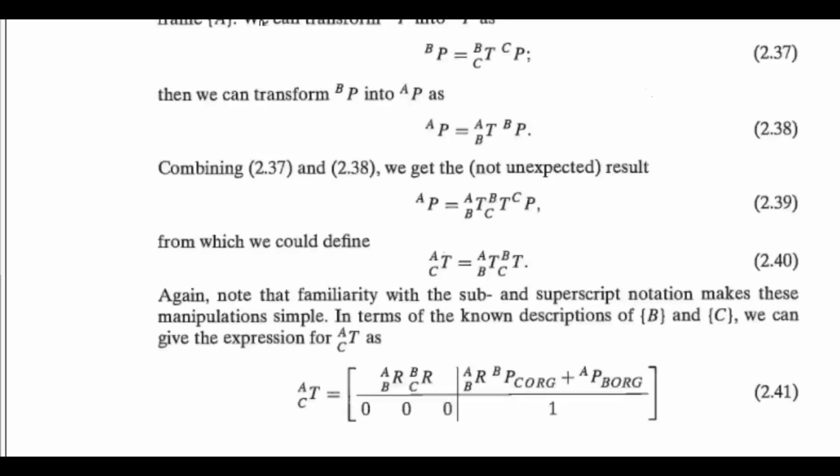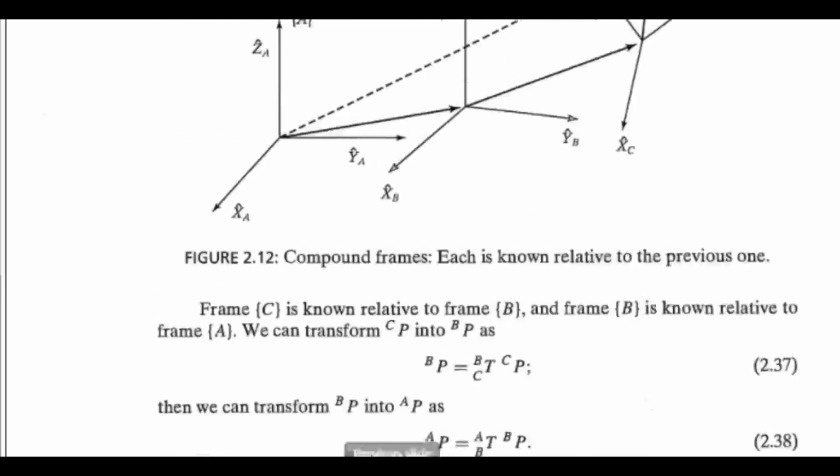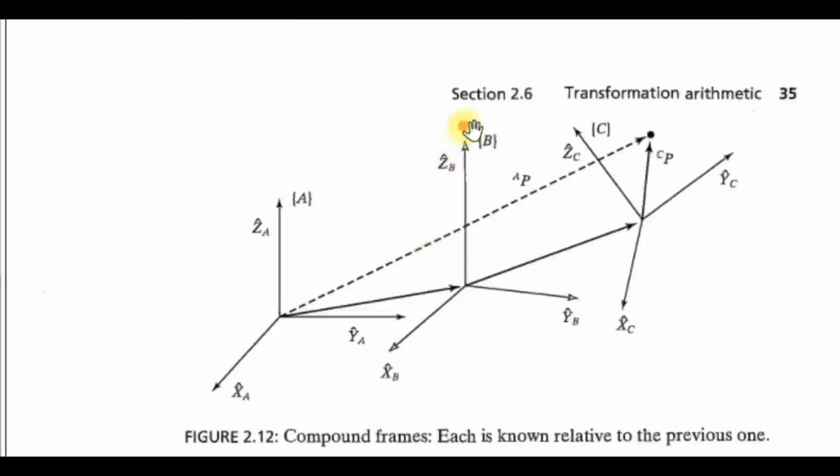Sir, please re-explain how there are two rotations, sir. Where? I already said that there is no rotation because ZB is parallel to ZA. Okay, there is no rotation between A and B, only the translation.